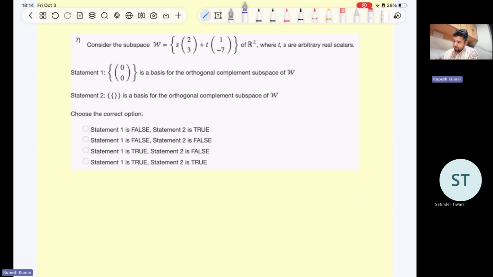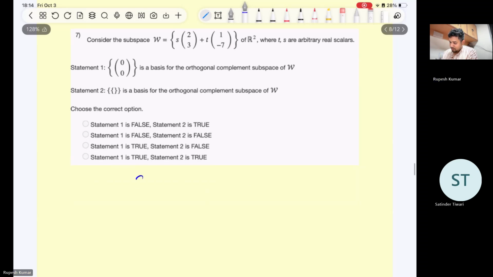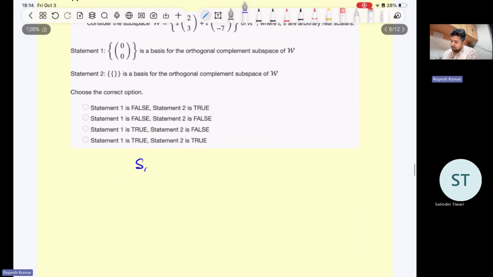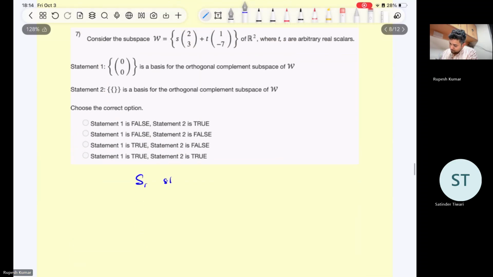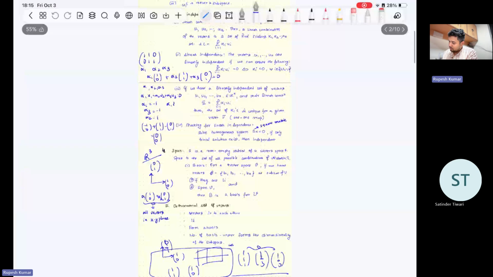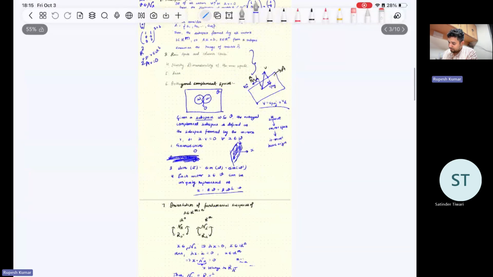We need to find a subset S such that for all X belongs to S and V belongs to W, X dot V equals 0. This is your orthogonal complement set.